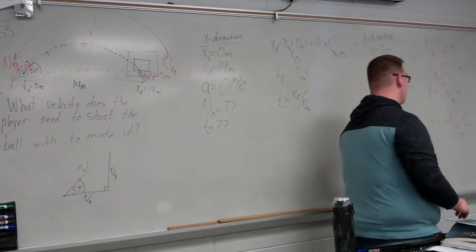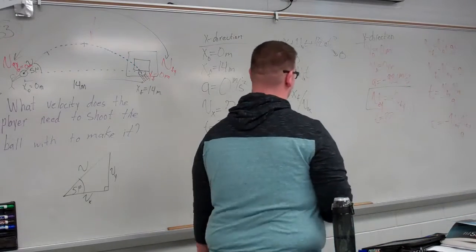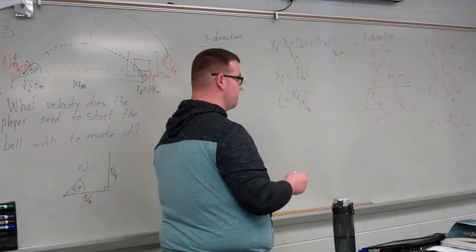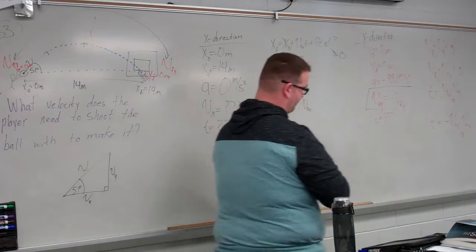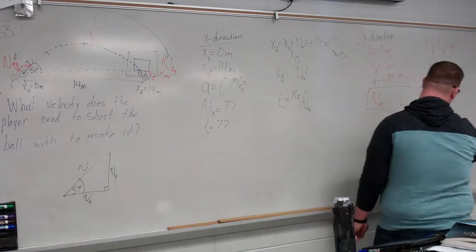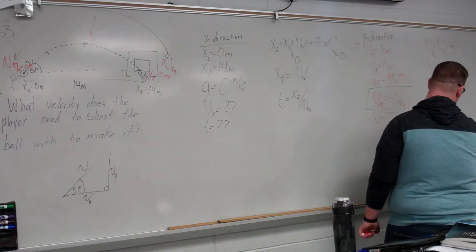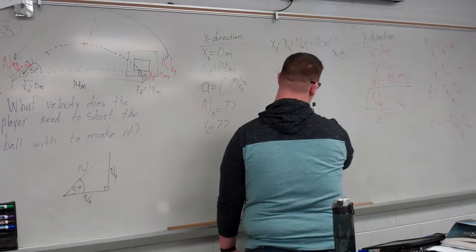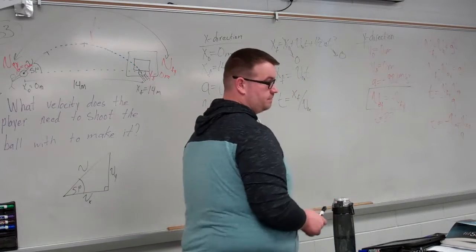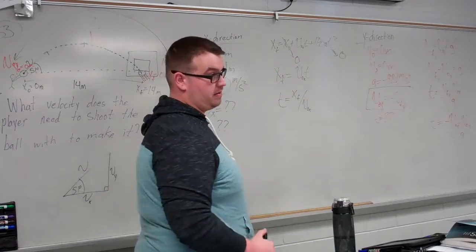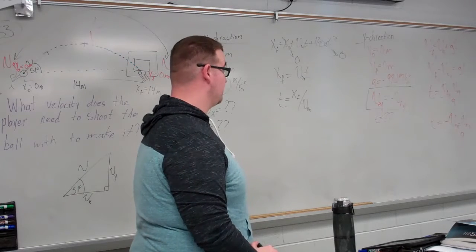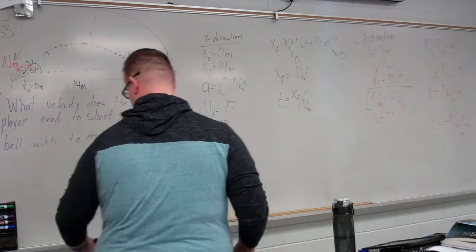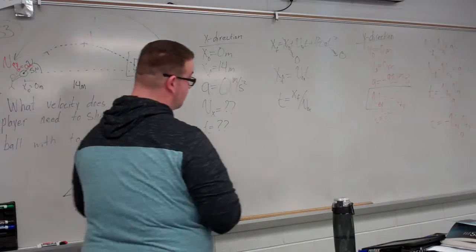All right, here's the problem. I have too many variables in this case. I don't know time and I don't know these velocities. It's not helping me. I can link these two together, which is what we're working towards doing.